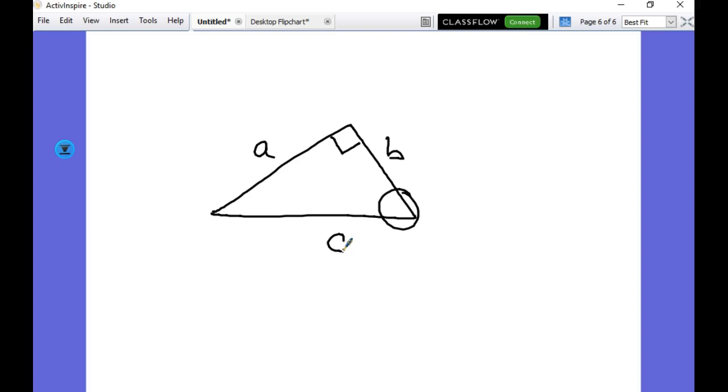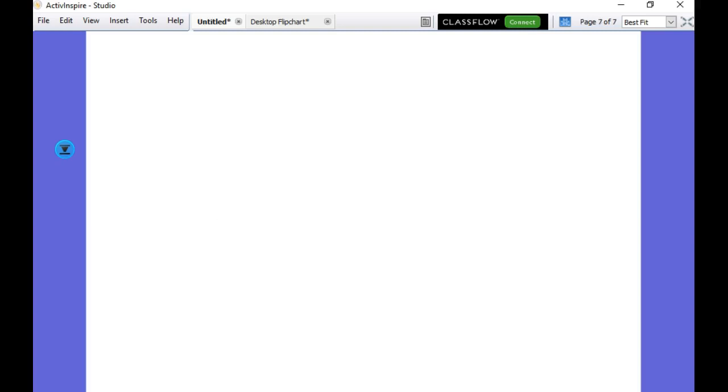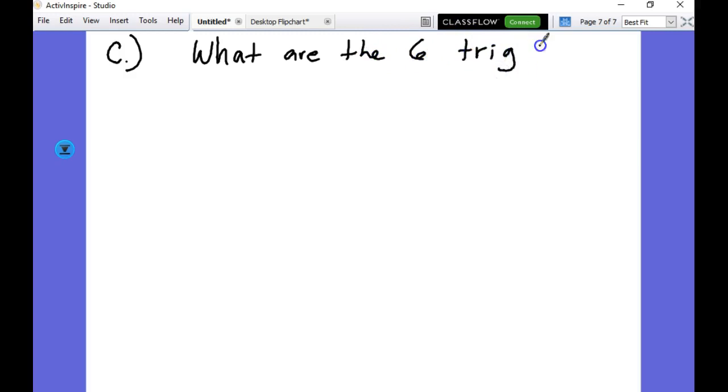All right. Do we need more practice? We're good? Okay, so that's important you guys are able to identify opposite, adjacent, and hypotenuse. Okay, so that being said, let's go ahead and actually define these trig ratios now more specifically. Okay, here we go.